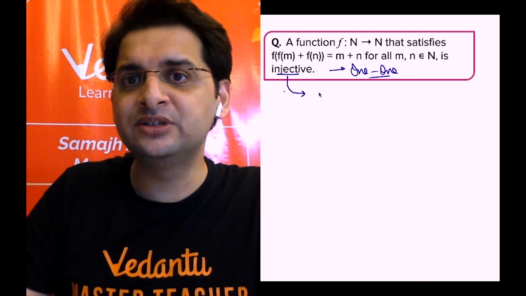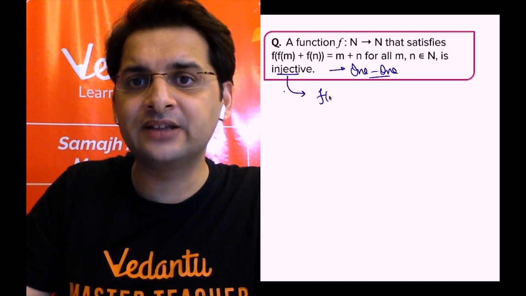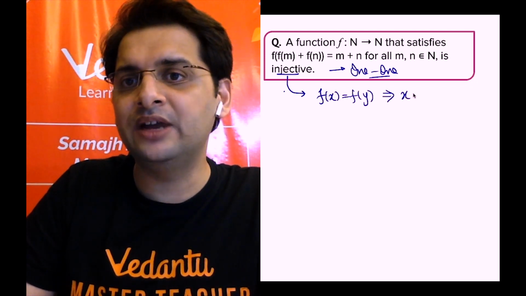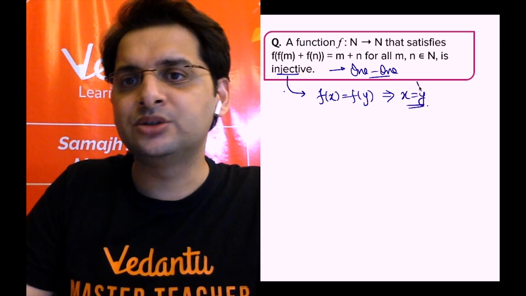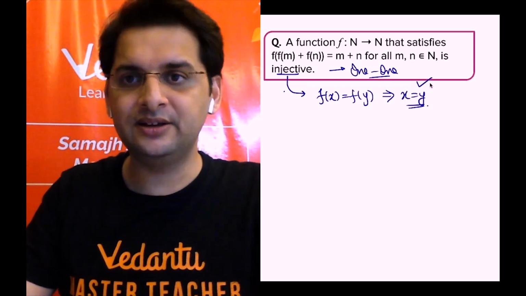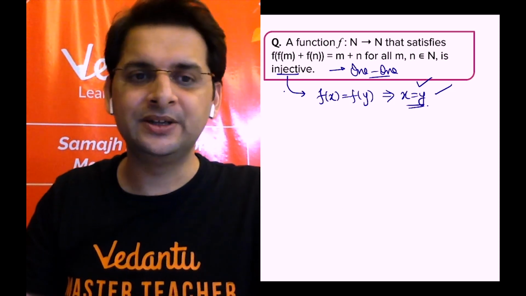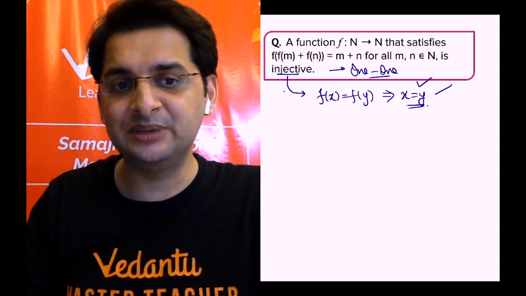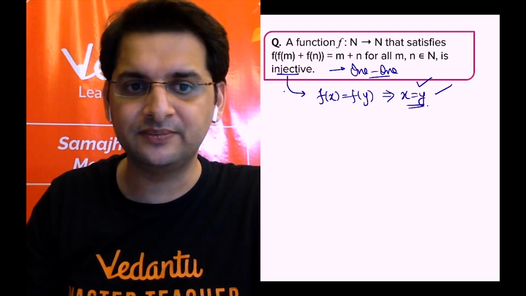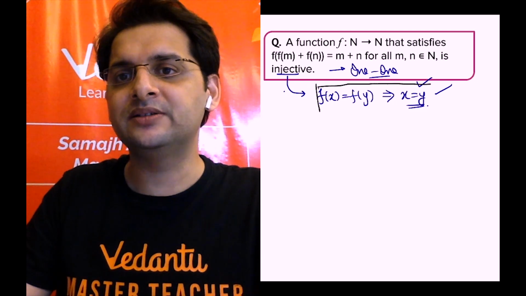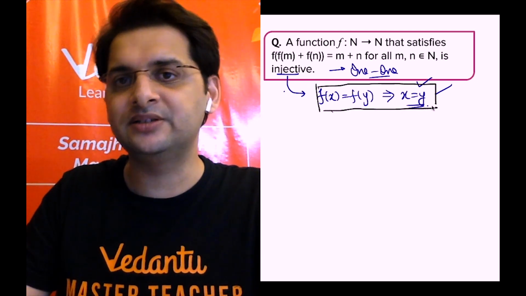It is proved by using the fact that if f of x is equal to f of y implies x is equal to y only. Students who are in class 11th and 12th will be able to relate with this, right? For those who are studying in class 8th, 9th and 10th, they need to revise the basics of functions to understand this question better. So this is how we prove a 1-1 function or injectivity of the function.